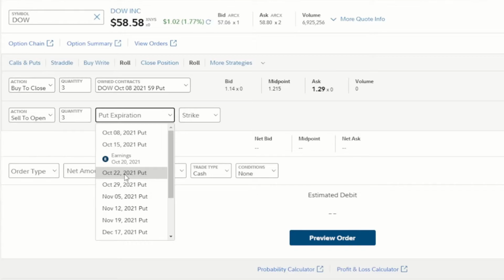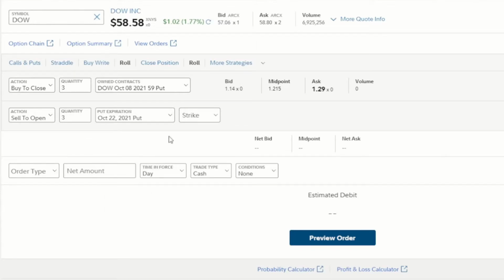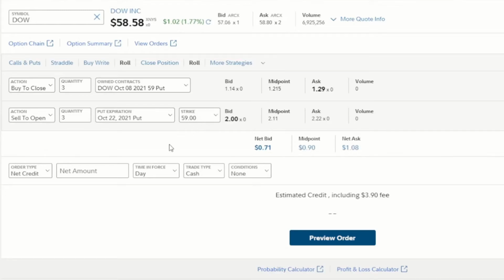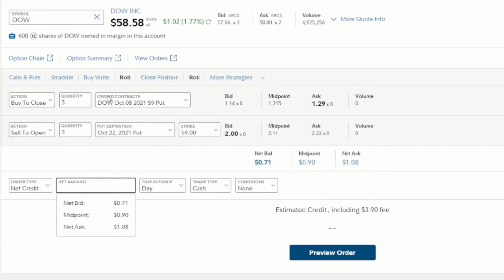Implied volatility means that your premium should go up because you're exposing yourself to additional risk, because earnings can freak a stock out. So for sake of argument here, we're going to go right back to that same $59 strike price. And for rolling this out 2 weeks, you're going to get about $2 per contract, between $2 and $2.22.